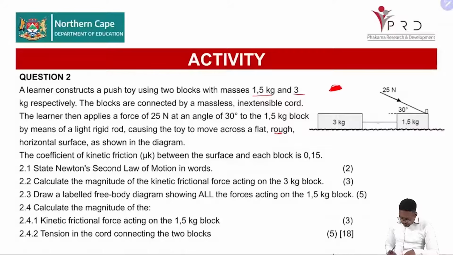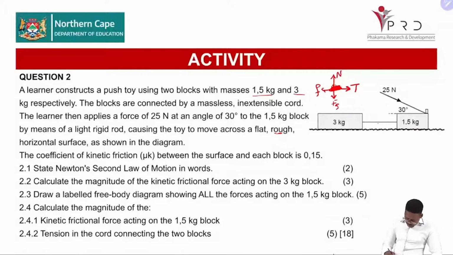Then, because we're having a surface, the surface will exert a normal force. Then, we're going to have the force of gravity that is always going downwards. Then, this side, we're having tension. As this object is pulled to the right, we're having frictional force. So these are the forces that act on the 3 kg block.